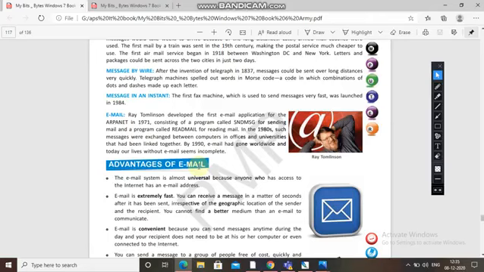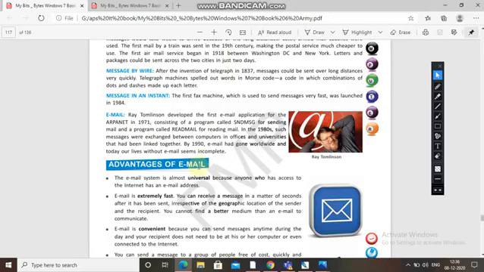Now next, advantages of email. You all know the advantages of email. It does not take much time, it is cheaper, not very costly, convenient to use, and very fast to send or receive messages.